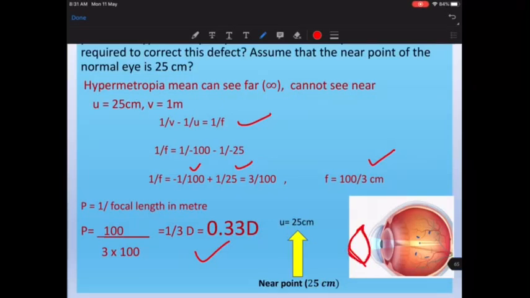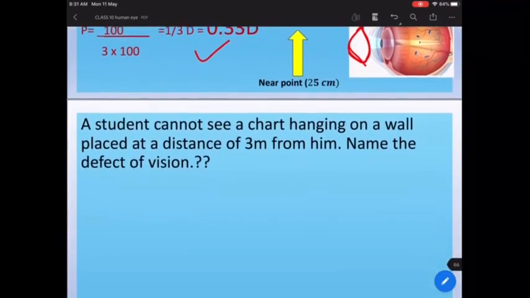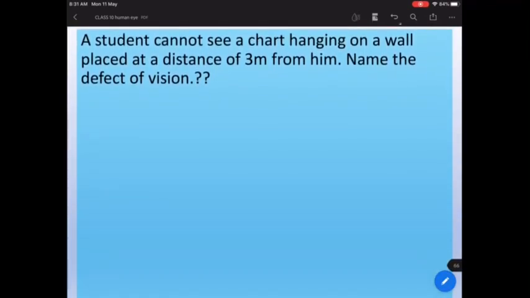Next: a student cannot see a chart which is hanging on a wall placed at a distance of 3 meters from him. Name the defect. If a student is not able to see a chart which is hanging at just 3 meters from him, that means the student is not able to see far.